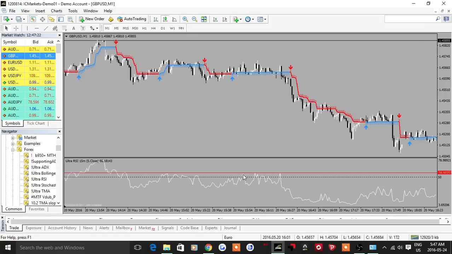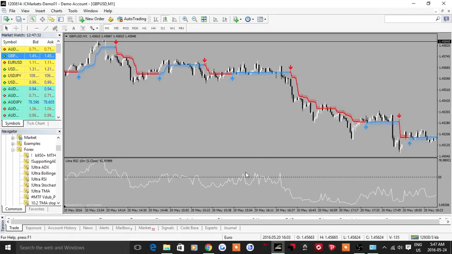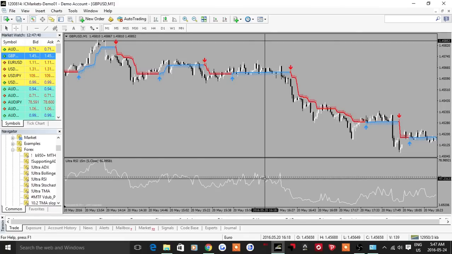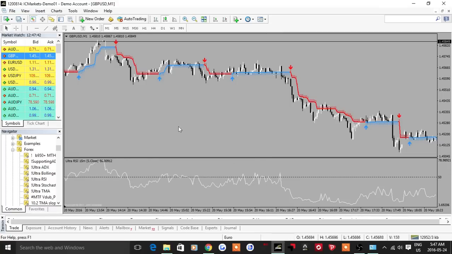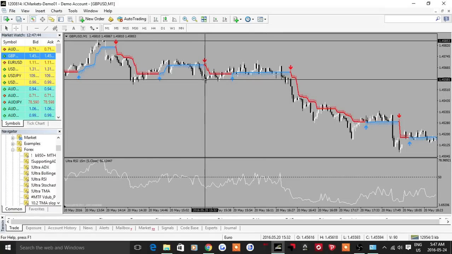So a true signal, I would say, is when this is breached, because these levels 50 or 70 or 30 are just levels. They don't show you much. RSI doesn't have overbought or oversold levels, but we are just using 50 for that sake. So this trade will come here.